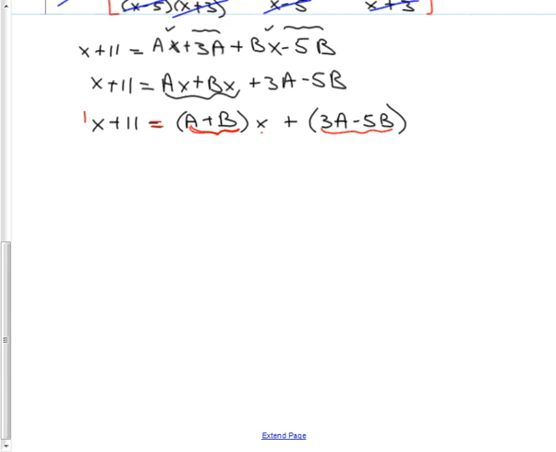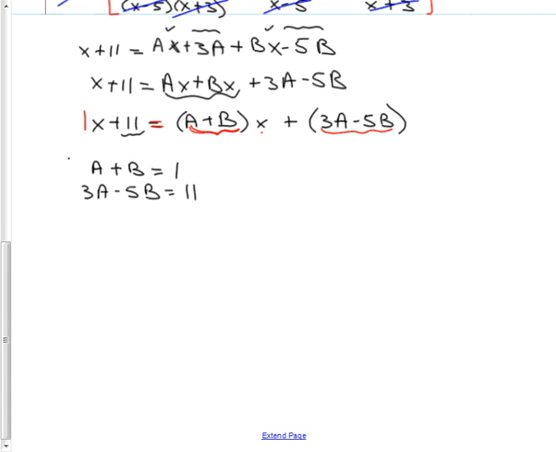What is the coefficient of the x on the left side? 1. It implies that whatever a and b are, when I add them together, they must equal 1. Because they're the coefficient on the x, and the coefficient on the x is 1. And whatever 3a minus 5b is, it must equal, can you finish that sentence? It must equal 11. Because this 3a minus 5b is the constant, and 11 is the constant over here.